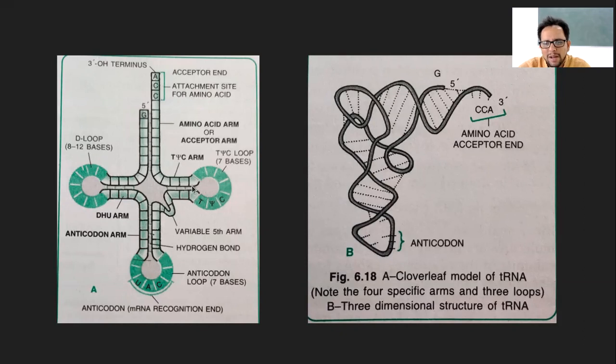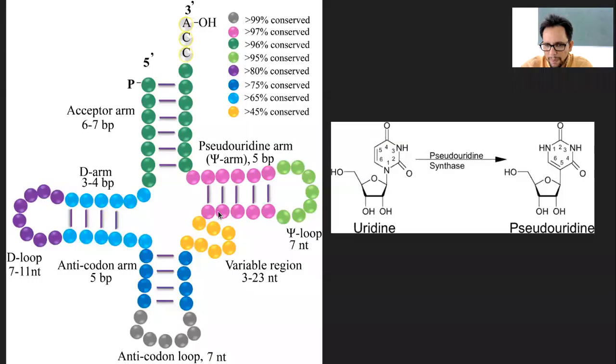But there is this arm, and then the loop, which has this T psi C nucleotide sequence specifically on the 3' end side. Again, we cannot exchange this DHU arm with this T psi C arm, right? One has to be on the 5' end, which is the DHU arm, and the other has to be on the 3' end, that is the thymine, pseudouridine, and cytidine arm. So that is the site of attachment for the ribosome.